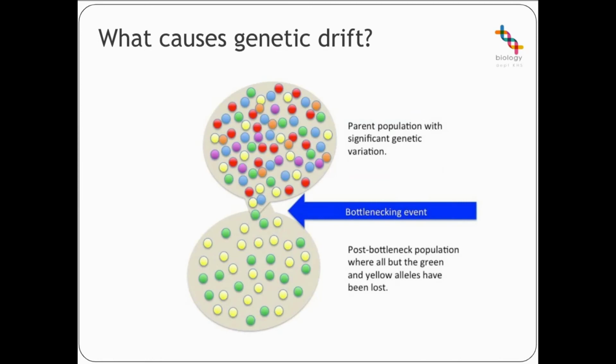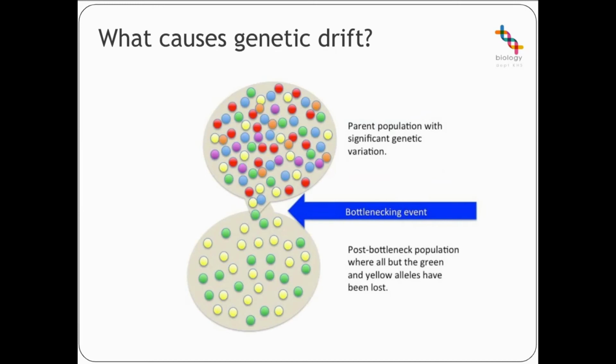Now, this might occur as a result of a bottleneck event, and a population bottleneck is something which has allowed the population size to dramatically reduce for at least a generation, and it can actually particularly affect alleles which are not being selected either for or against at this time. So as you can see in the diagram, we've got a parent population with a significant genetic variation.